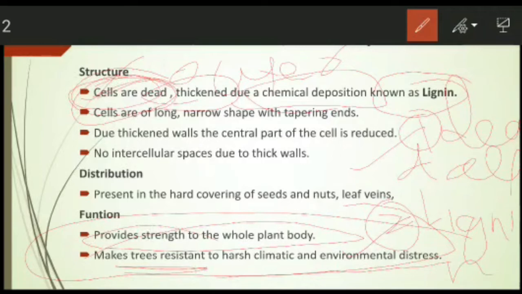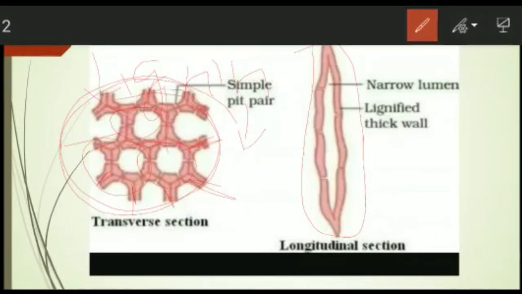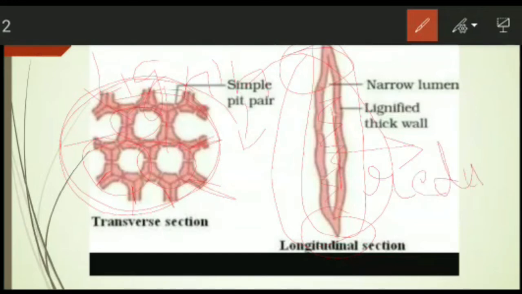Apart from this, if you see the structure, the cell is quite like the previous one. It is elongated and it has a tapering end. And you will see this central region is reduced. So again a question comes, why is it reduced? Because of the peripheral thickening of the wall, the central space has got reduced.